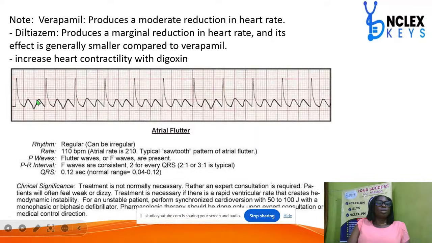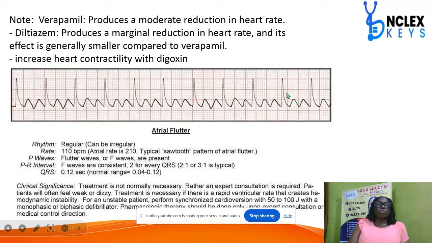Let's look at it. 1, 2, 3, 4, 5, 6, 7, 8, 9, 10, 11, 12, 13, 14, 15, 16, 17, 18, 19, 20, 21. So all these things that look like continuous M or continuous small letter U in between the QRS are what we call atrial rate. And for this strip it is 210.